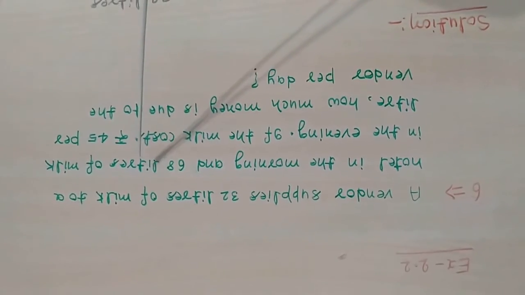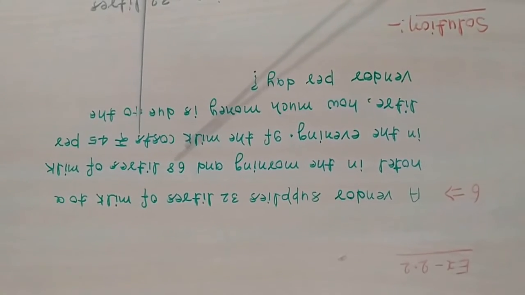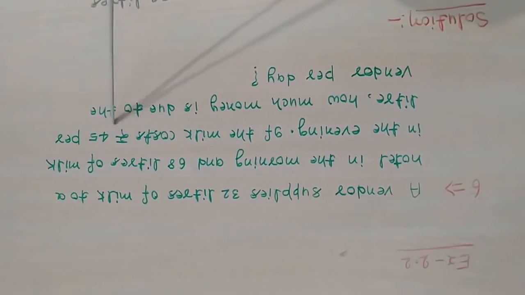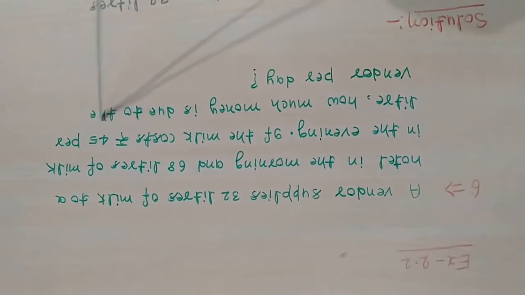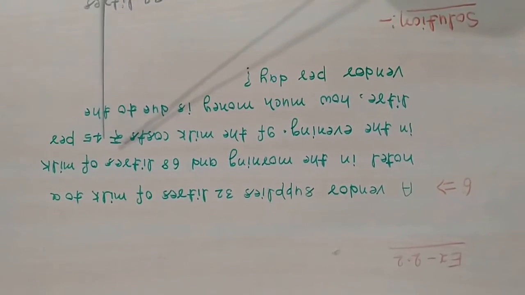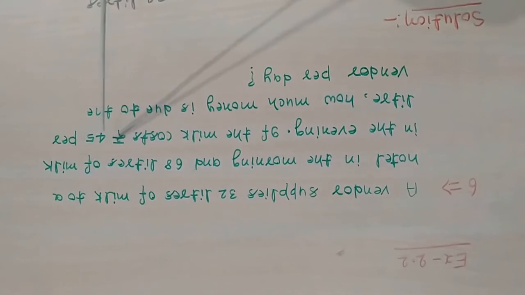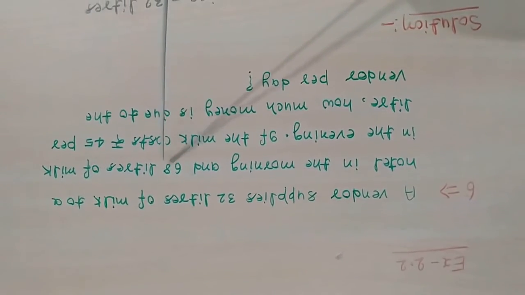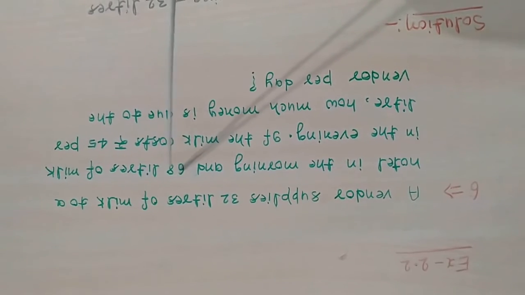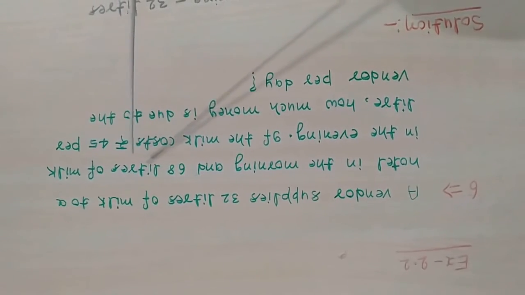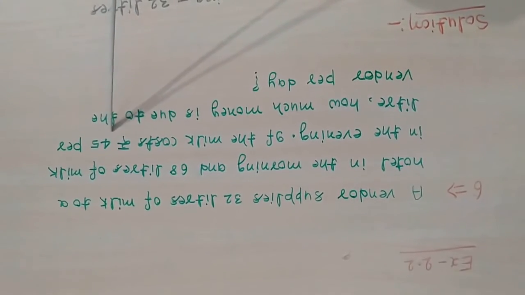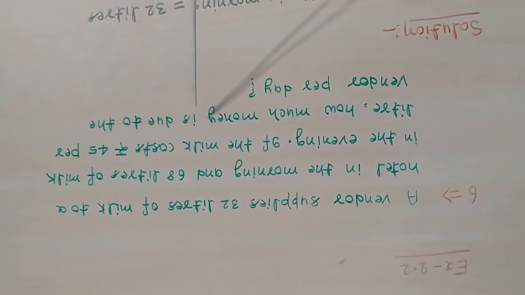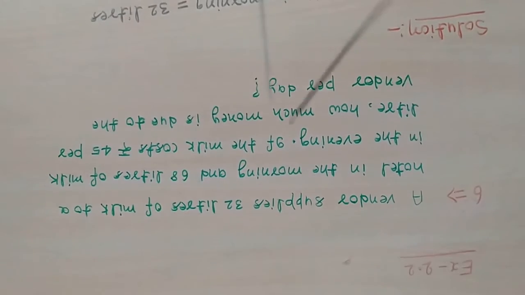Given cost of milk is 45 rupees per liter. 1 liter costs 45 rupees and we have 100 liters. So we multiply 45 into 100, then we obtain the money due to the vendor per day.